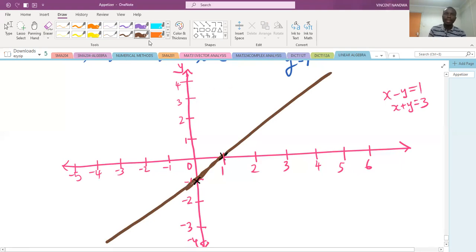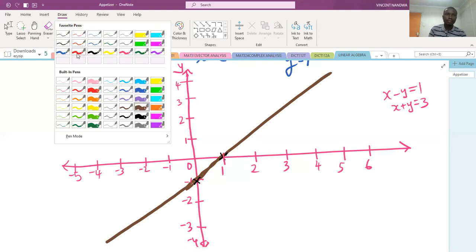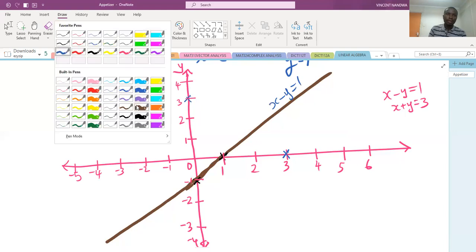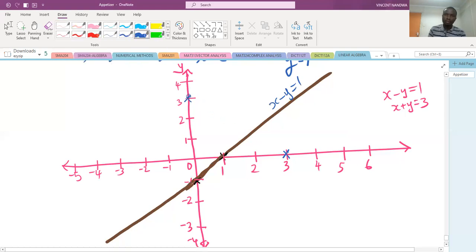And then the other one, so this way I have x minus y equals 1. And then for x plus y equals 3, the x-intercept is 3 and the y-intercept is also 3. So the other equation will be this.